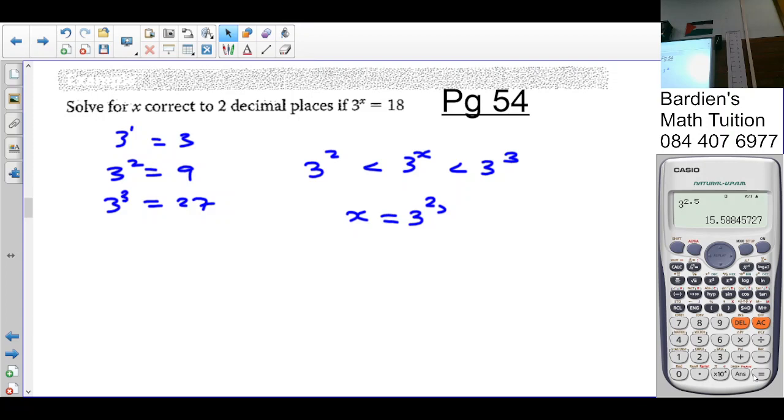Is it 2.26 or less? Less. So let's then go less, 2.24. That is also over. So it must go less or more. How can it be more?